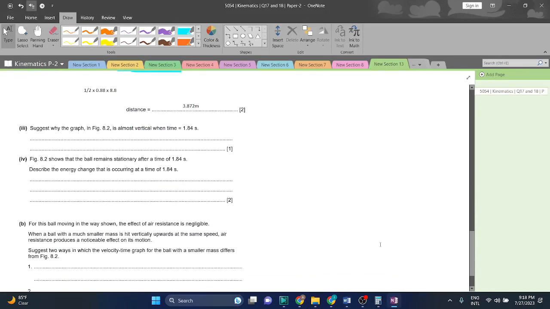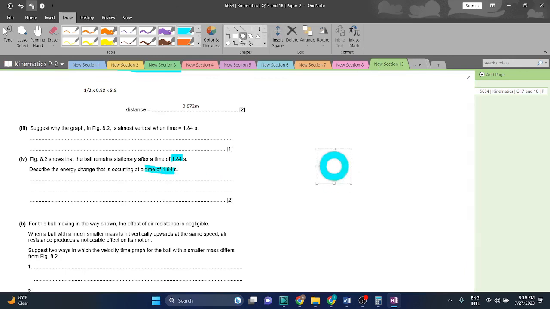Next. Figure 8.2 shows that the ball remains stationary after a time of 1.84. Describe the change in energy that is occurring at 1.84. They have asked specifically about 1.84, so what is happening at 1.84?